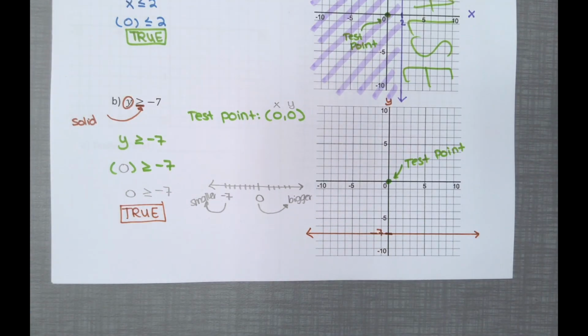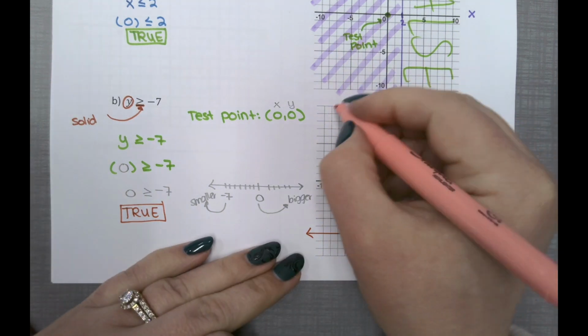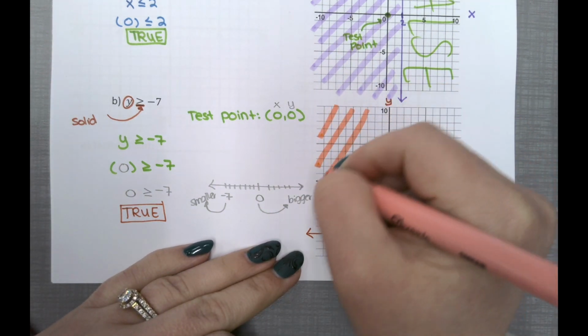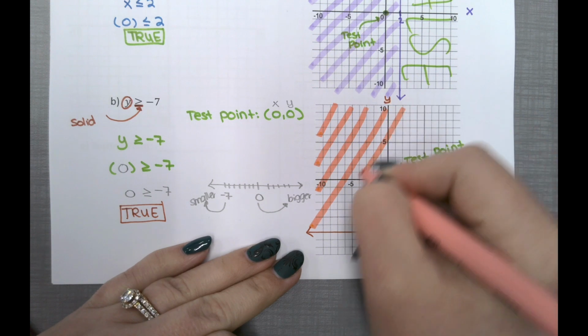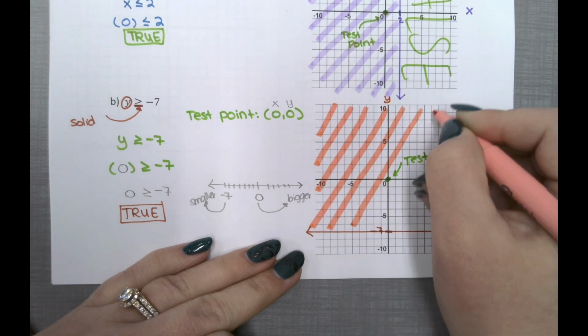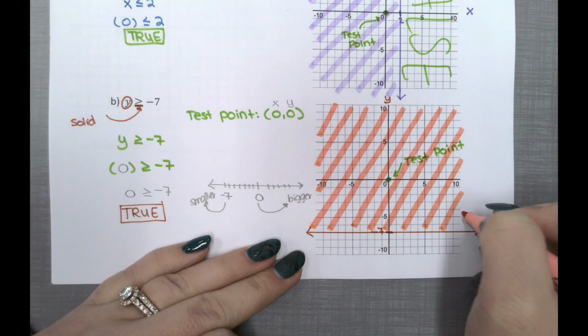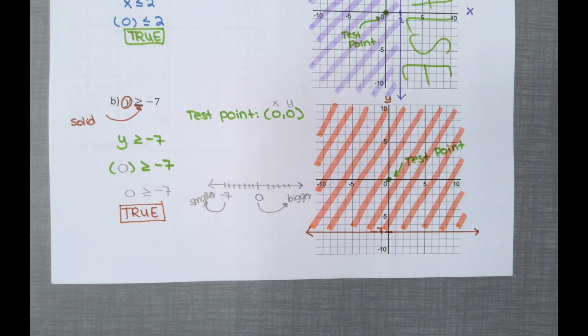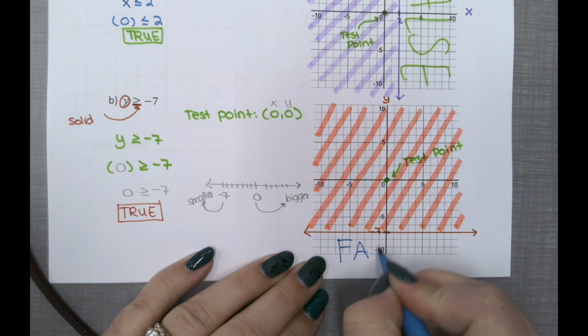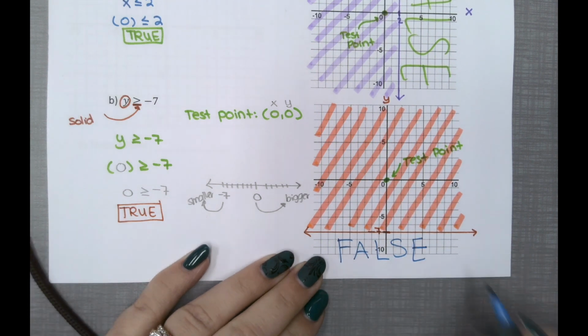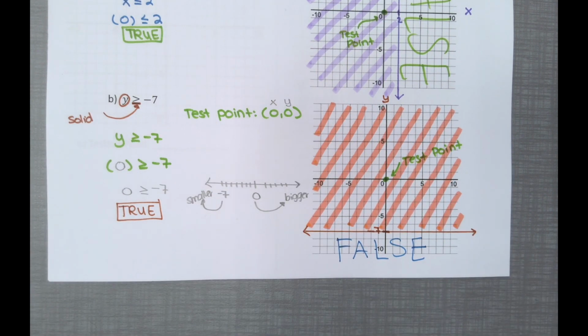Let me get a different color so it doesn't blend in. Again, do not go past that line. Past that line is going to be a no-no. That means everything in that section is true, but everything below it would give us false statements.